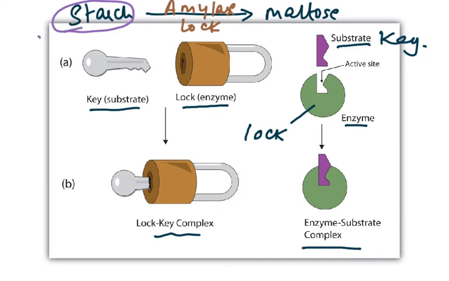Starch is the substrate, so that is the key. So understand that the lock is the enzyme and the substrate is the key which actually fits into it. And then of course the substrate will either join to form one molecule, or it will break up into two molecules.